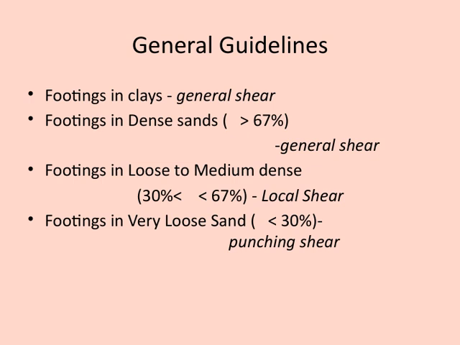This means the footing can punch through the loose sand, leading to a sudden and localized failure, so special attention must be given to this condition to prevent such failures. These guidelines help us match our design approach to the soil characteristics, ensuring safe and efficient foundations across different ground conditions.